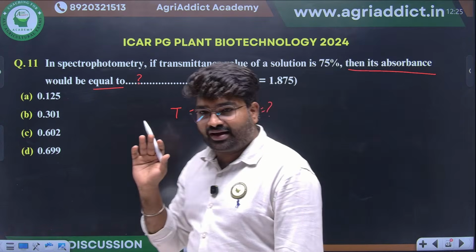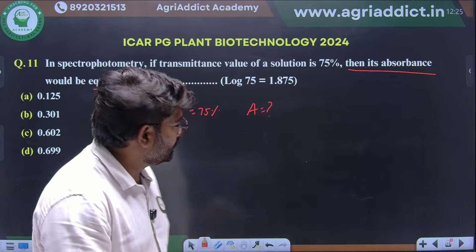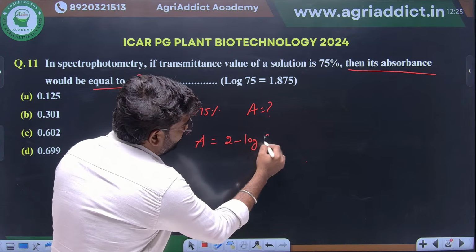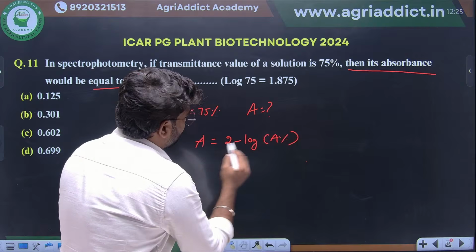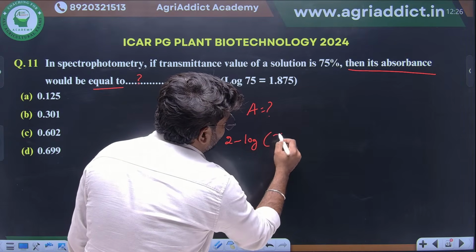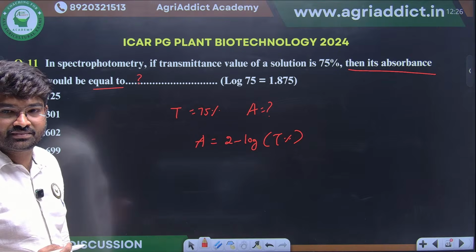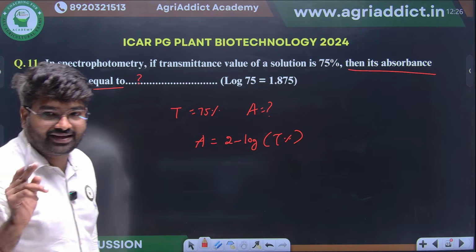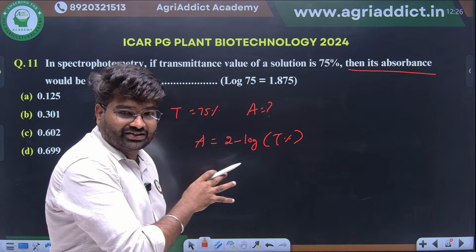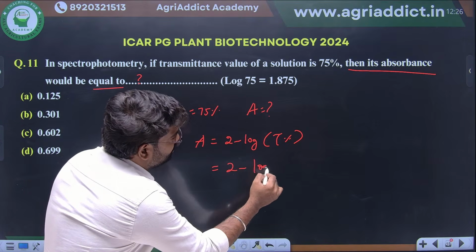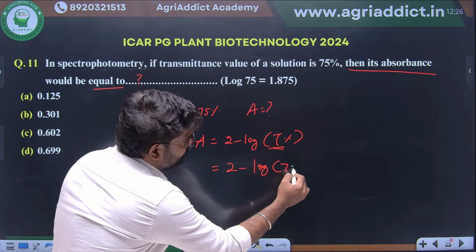If you remember, in yesterday's class we saw absorbance equals 2 minus log of percentage transmittance. This we have seen in our last class. Option A is the right answer. We will solve this now. 2 minus log 75.